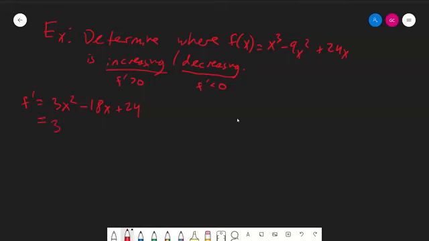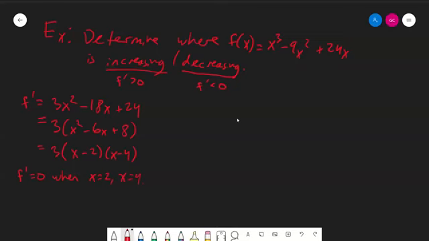There's a factor of 3 in all of those terms, and if we pull that out, you get x squared minus 6x plus 8. Then if you're lucky, that factors into integers. So in this case, you get x minus 2 times x minus 4. That means f prime is 0 when x equals 2 and when x equals 4.